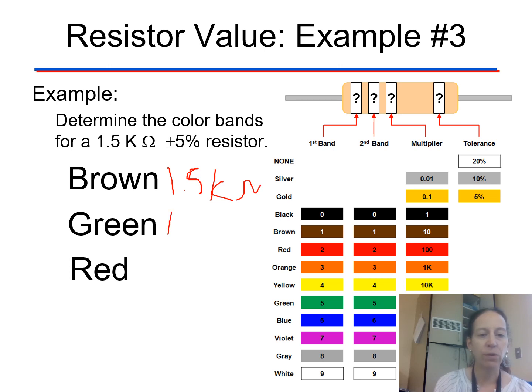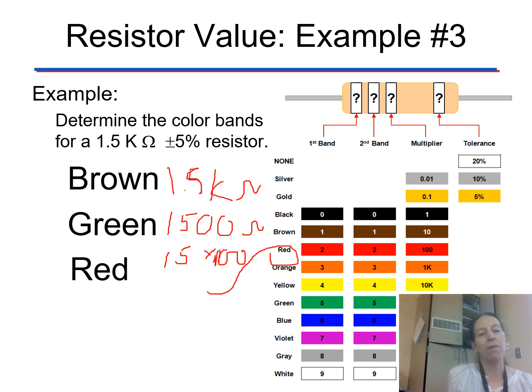That means we would take that decimal point and move it 3 spaces over. So 1, 2, 3 ohms. So that is 15 times 100, which gives us the red.